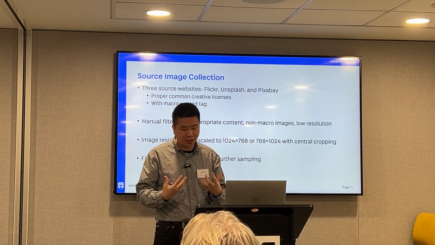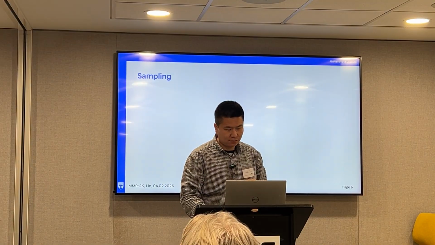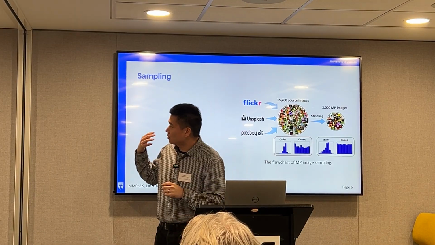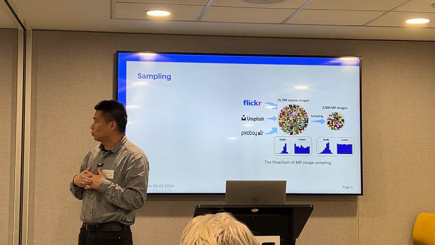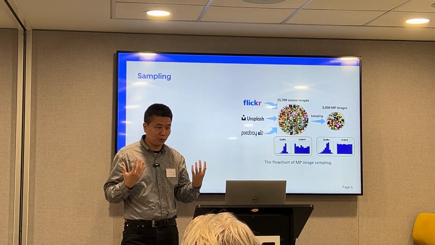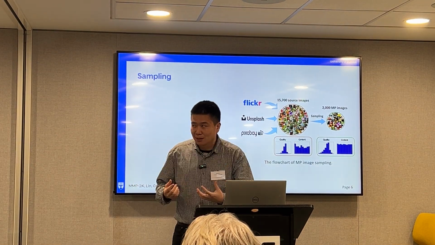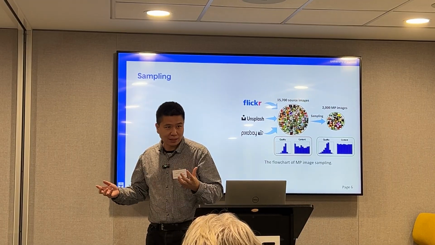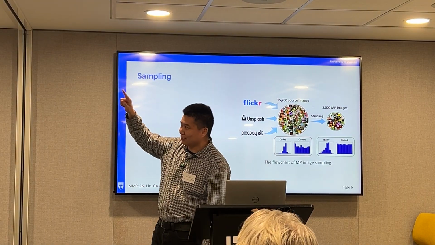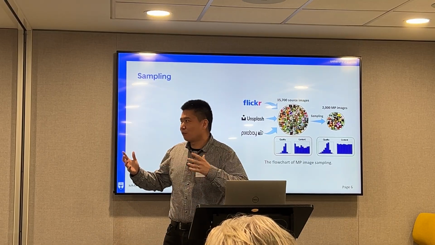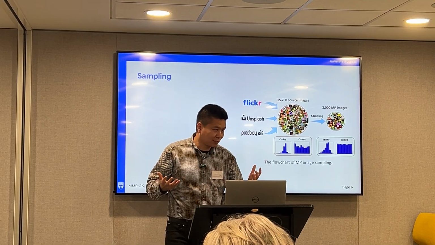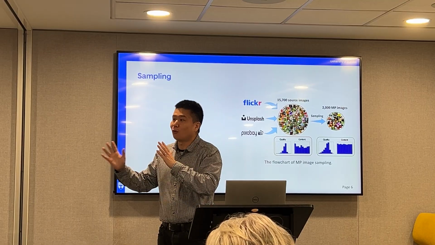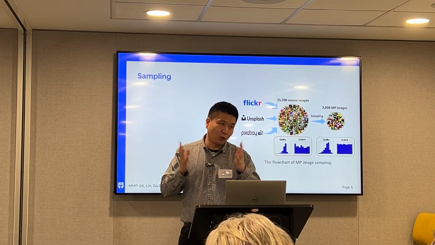Now, for sampling, this is how we do it. According to my previous experience, every quality assessment data set is biased, because most of the scores are between 3 and 4, which is kind of good quality.